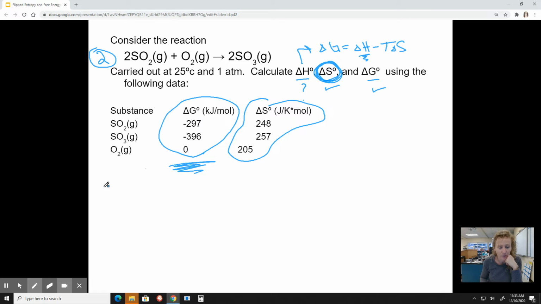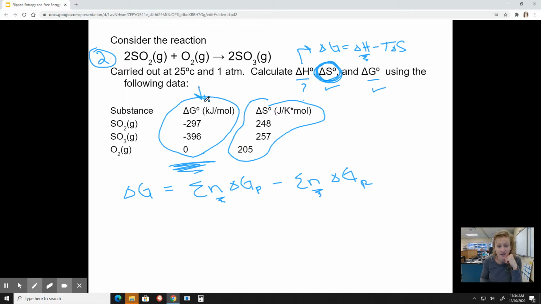In order to do that, the overall delta G change is going to be the sum of the free energy change for the products multiplied by their molar coefficients minus the sum of the free energy change for the reactants multiplied by their molar coefficients.